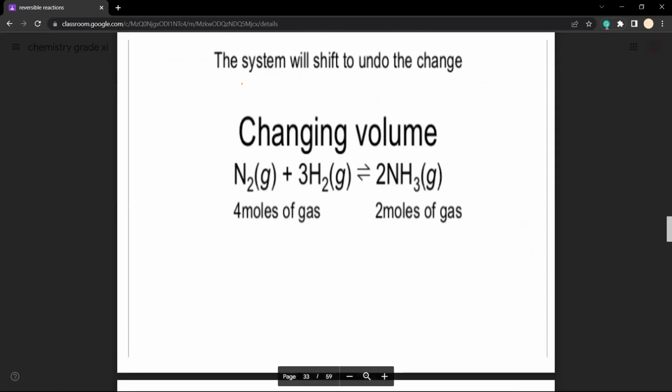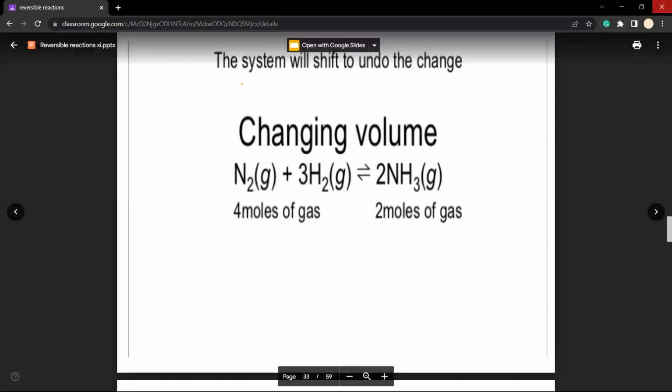Now, let's see how to apply this particular concept. If I have this particular reaction, nitrogen and hydrogen combining to give ammonia. What is happening? We know that in this reaction all the substances are gases. Nitrogen is a gas, hydrogen is a gas, and ammonia is a gas.